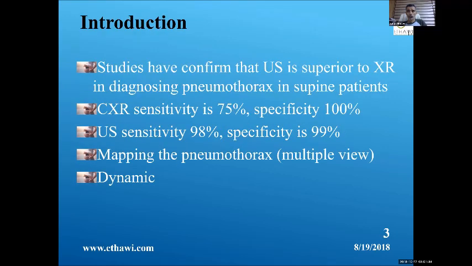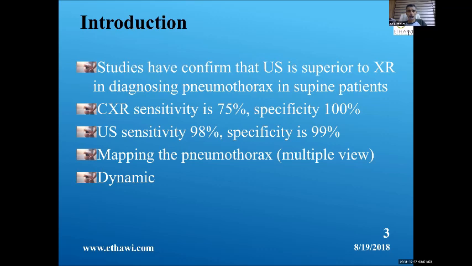As an introduction, studies have found that lung ultrasound is superior to X-ray in diagnosing pneumothorax in patients lying in bed. The sensitivity of the X-ray reaches about 75%, but it has a high specificity of 100%.